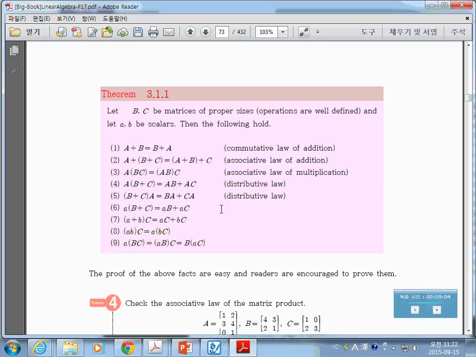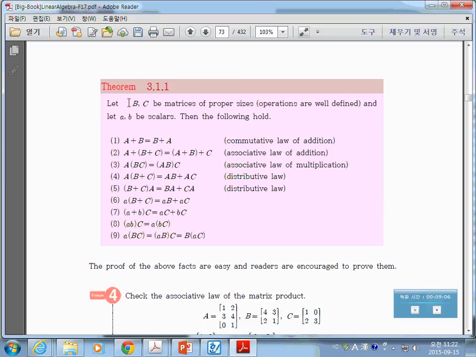And the first theorem here. Suppose we have three matrices A, B, and C of the proper size, then the following holds. The matrices are commutative under addition, and associative under addition, and the associative law works for matrix multiplication, and the distributive law works like this.